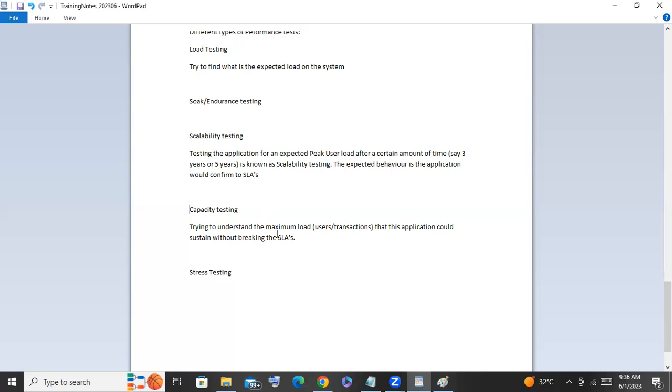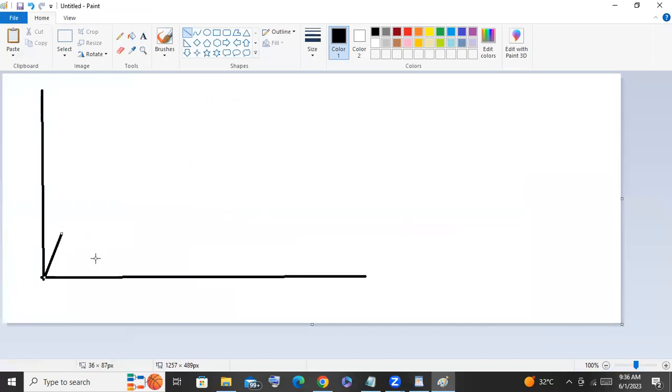So we are trying to find what kind of load this particular application would be able to sustain. We have tested that application, and we would try to increase the load until that point. Once we attain that particular load, we would maintain it for a certain amount of time and see whether the application is able to sustain it or not.